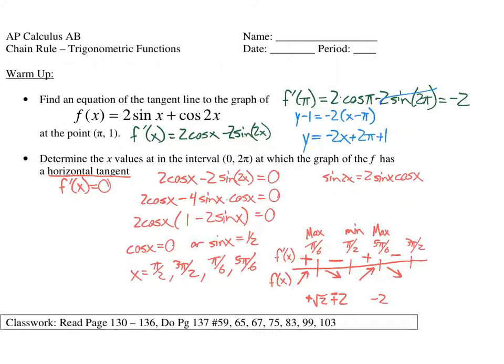Hang on, is that right? Looks like we have a negative value. Let me double check that. We have 2 cosine of 7 pi over 4 minus 2 times the sine of 2 times 7 pi over 4, so 7 pi over 2.